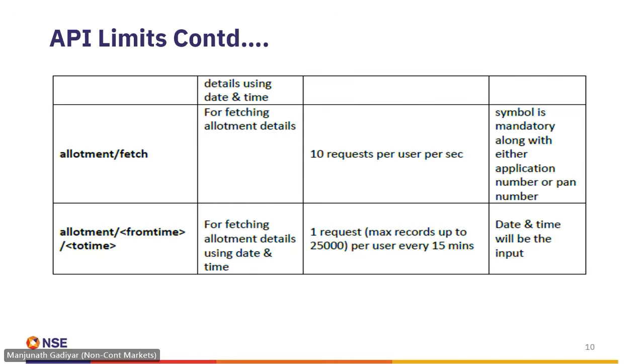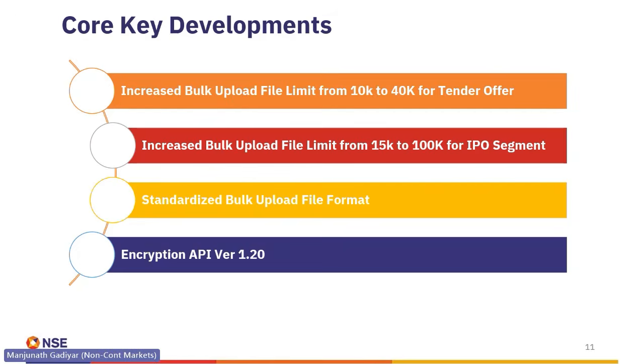Okay. Apart from this, any core key developments that you want to highlight here? Yeah. Some of the core key developments taken forward in the last 3 to 4 months: we have increased the bulk file upload from 10,000 to 40,000 in case of tender offer, and soon we will also make it up to 100K.